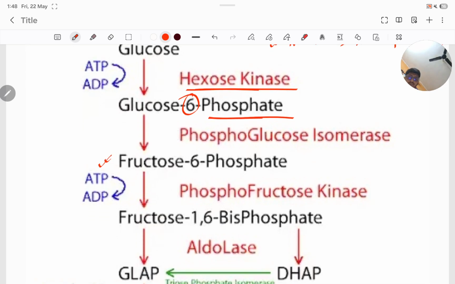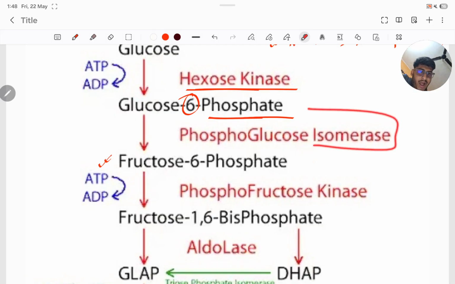from glucose 6-phosphate comes another enzyme, phosphoglucose isomerase. Isomerase means the structure and everything will be the same, but there will be some differences in the position of the carbons.